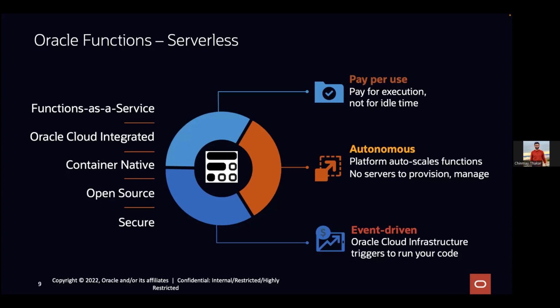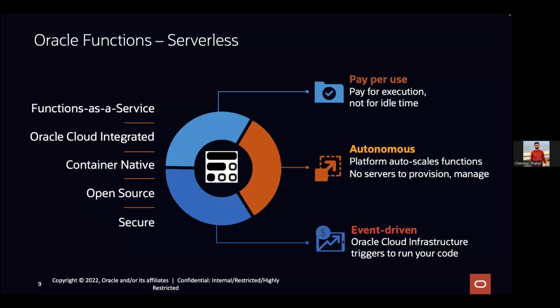We are compatible with the FN community. So everything that Oracle Functions does is contributing to the FN community as well. And definitely it is secure because it comes with the Oracle infrastructure underneath, which is completely secure. Also, it is a pay-per-use service, so you just pay for the amount of time that the function is executing and not for any idle time.